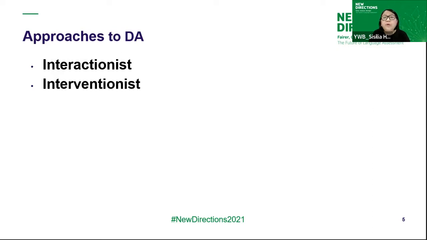There are two approaches to dynamic assessment. The first one is interactionist, and the second one is interventionist. In interactionist dynamic assessment, leading questions, hints, or prompts are not pre-planned.